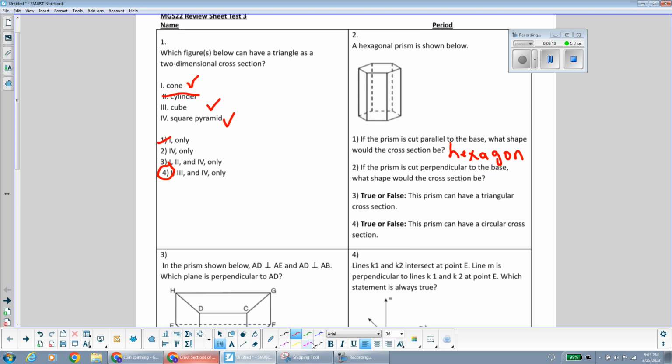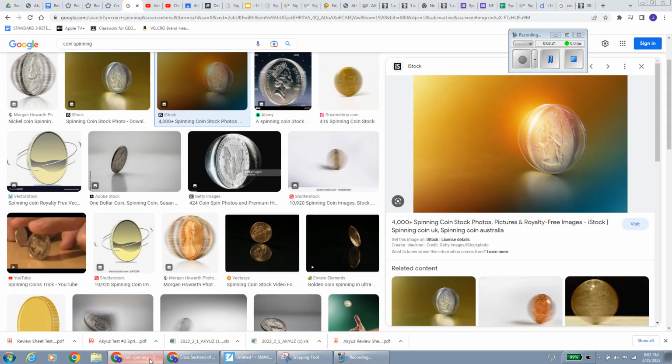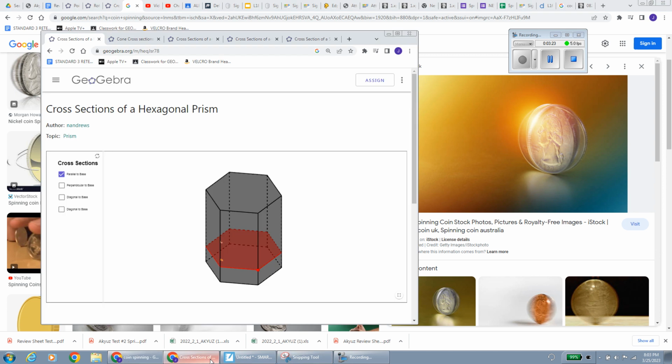Perpendicular to the base, let's see what it is going to be. Perpendicular to the base, we get rid of parallel, and we see that it is like a square, rectangle, same thing as the faces.